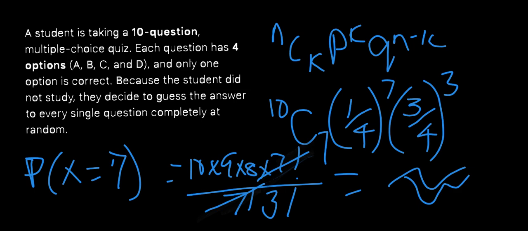And similarly, the probability of failing that particular question, if he chooses randomly, is 3 out of 4. So we simply plug in our values and compute probabilities for these types of questions and variables.